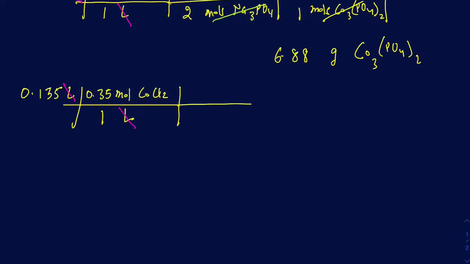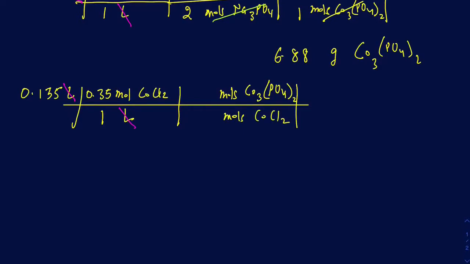And then you want to go ahead and convert the moles of cobalt chloride to the moles of cobalt 2 phosphate. So I want to calculate the moles of cobalt 2 phosphate, and I want to get rid of moles of cobalt chloride.